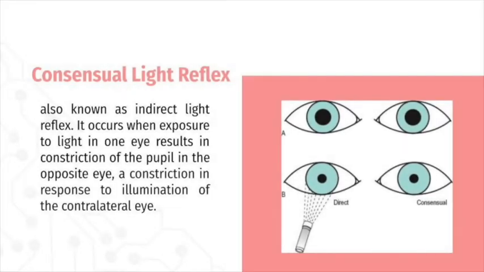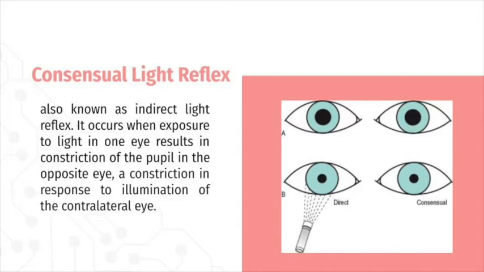The second term is consensual light reflex. It is also known as indirect light reflex. It is a reflex that occurs when exposure to light in one eye results in constriction of the pupil in the opposite eye. It is a constriction in response to illumination of the contralateral eye. As you could see here in picture B, the right eye is shown with a light, which causes it to constrict.